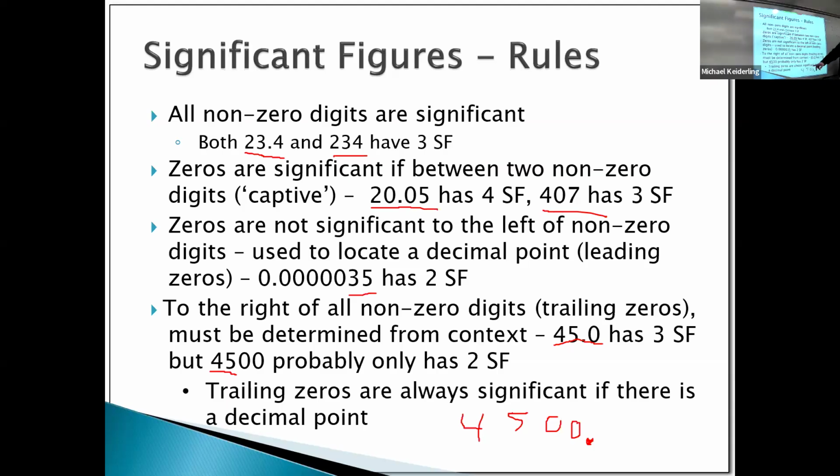So if I wanted to write 4500 with 4 significant figures, I could write 4500 and then just add a decimal point to the end. I will do that on tests sometimes when I want to use a nice round number for a problem, but I want it to have a certain number of significant figures.